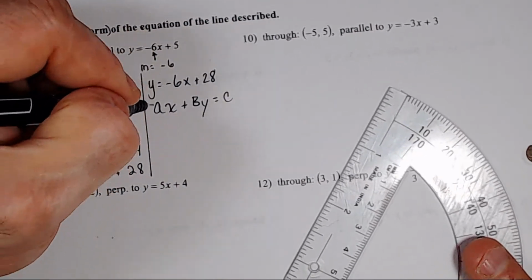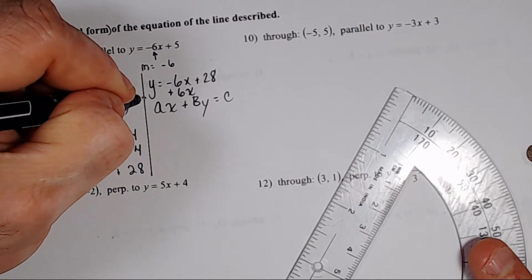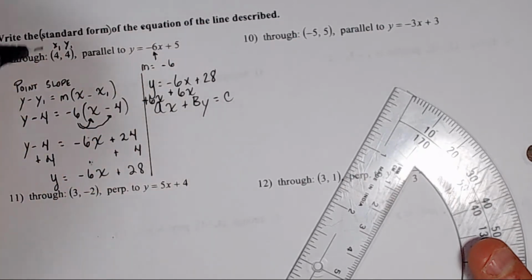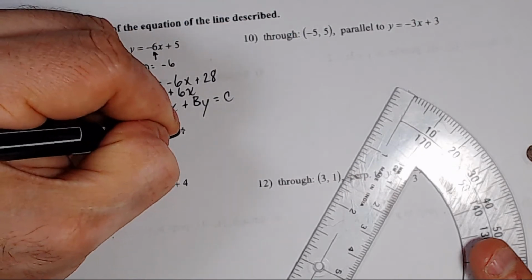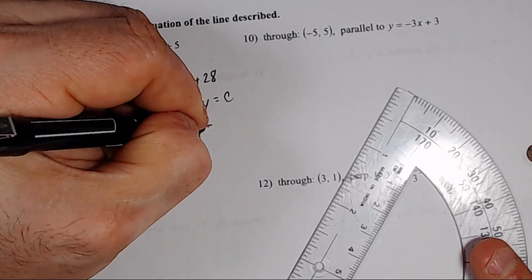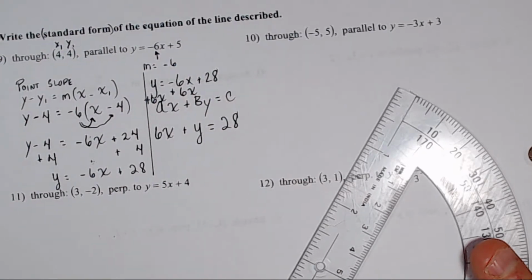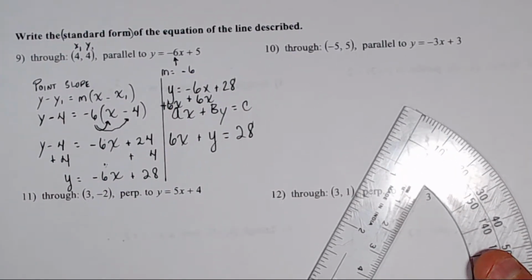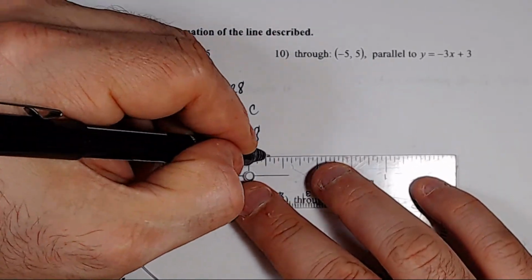So what I'm going to do is plus out the 6x on both sides of my equation, plus 6x. Now I have 6x plus y equals 28. See that? That is the standard form of the equation of the line.